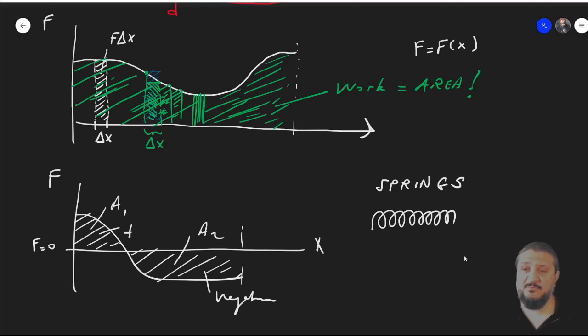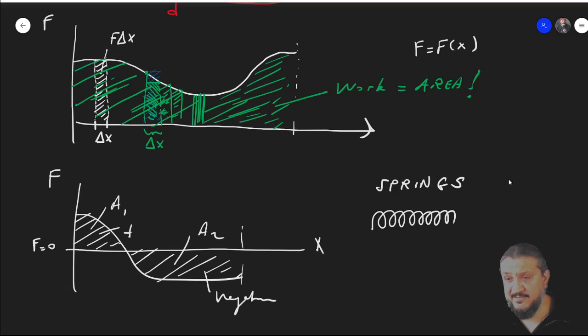An ideal spring in physics is one that you can stretch and compress. And the force you have to apply is proportional to the amount you compress or stretch it. And it is linear in that compression or stretch.